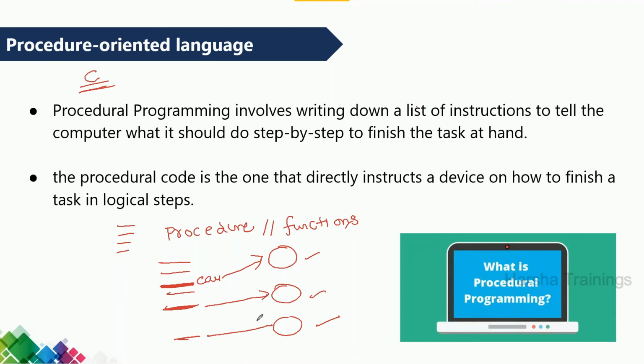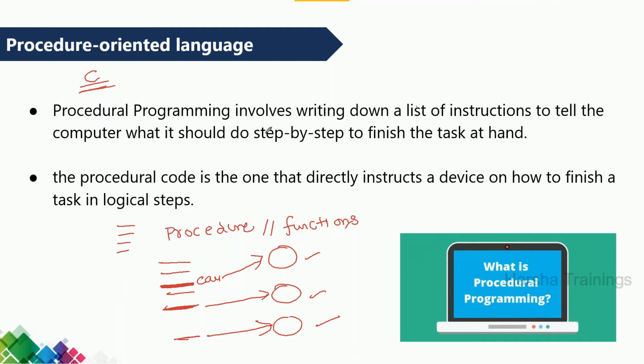Here I require this logic, I call this function. Instead of writing the entire code here, I write the code in separate functions, and whenever required, I simply call the function. That is procedure oriented programming, which mainly depends on functions.